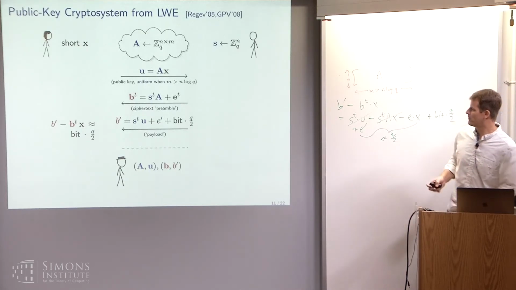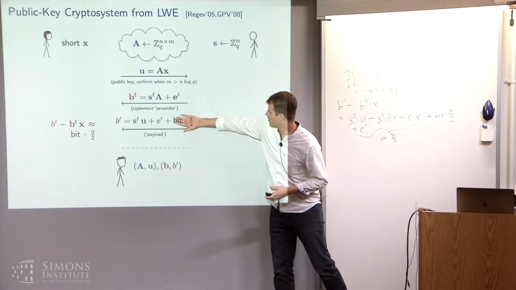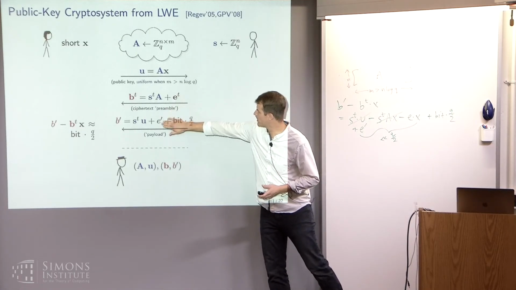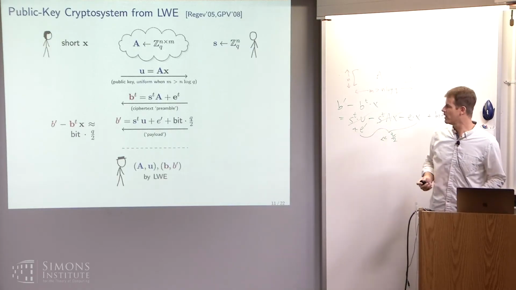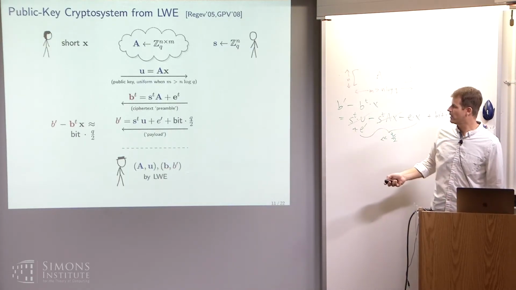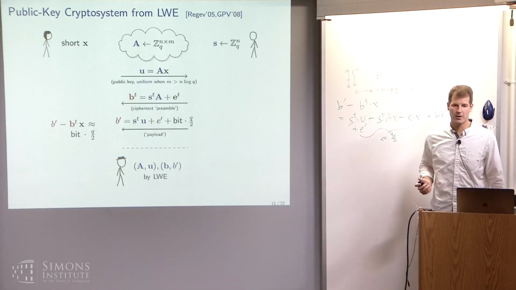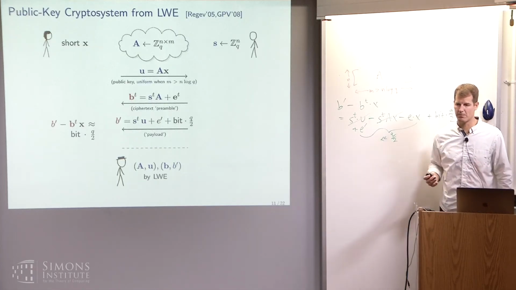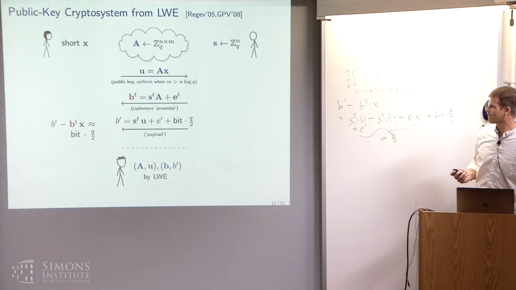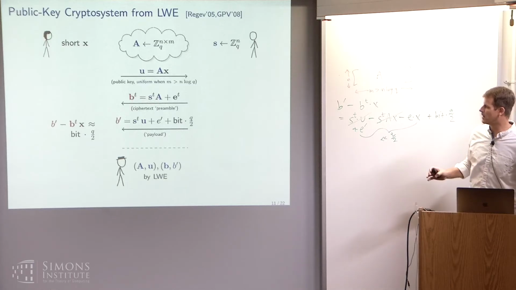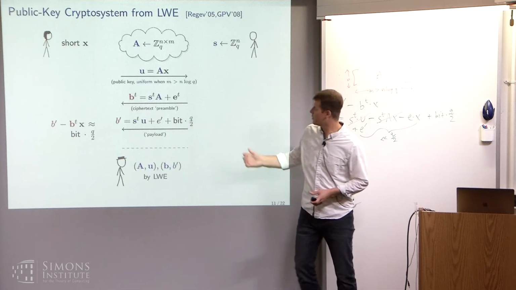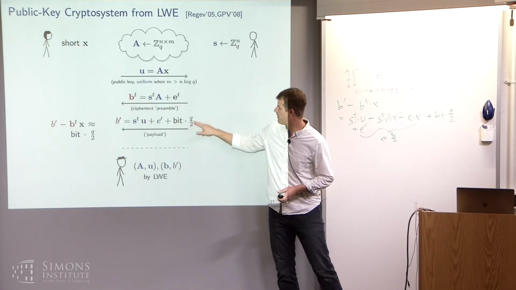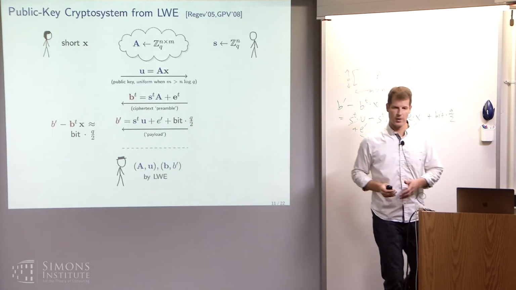So if you just ignore this error part here, these two things by the LWE assumption are pseudorandom. So they look to the attacker like a truly uniformly random vector B and B prime. And if we replace these red B and B prime with truly uniform ones, then those hide the bit information theoretically.